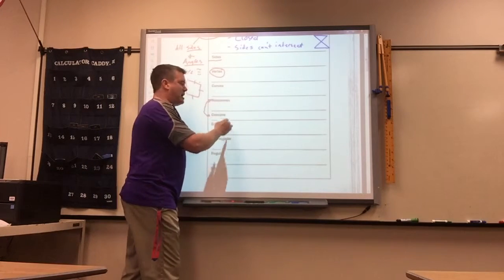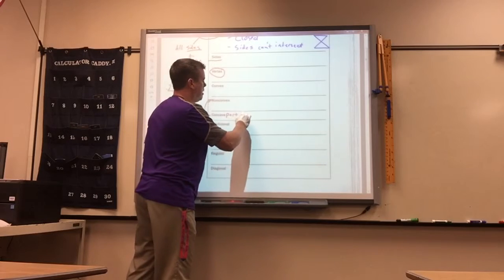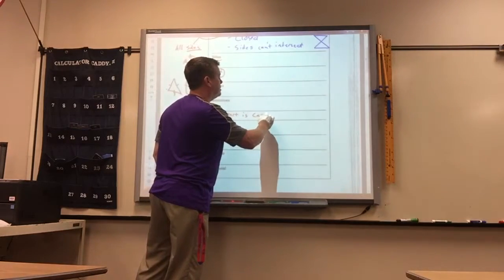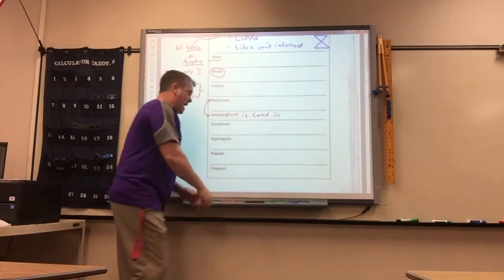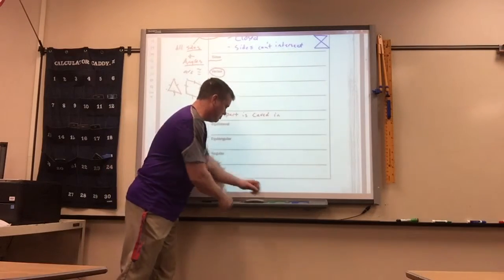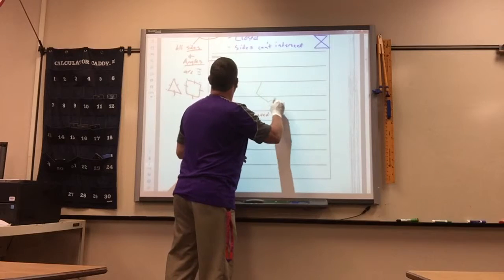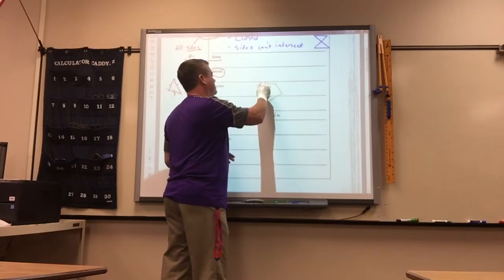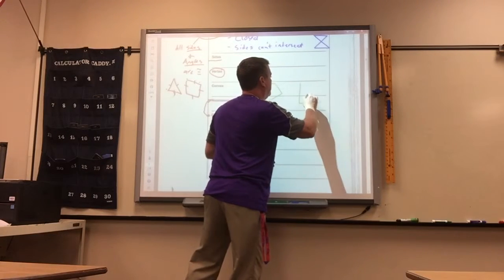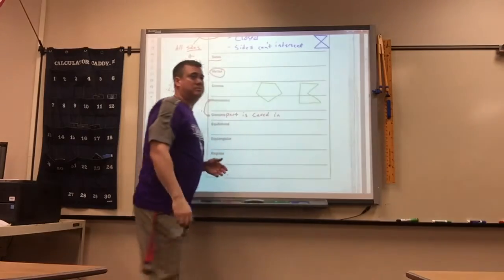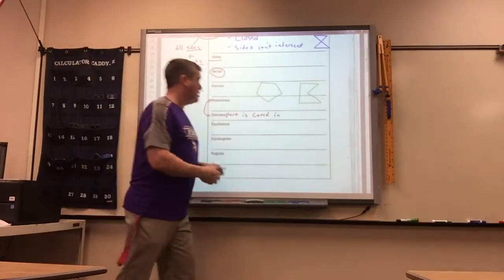Remember that part of it's caved in. The actual definition, like if we had, this one would be convex, this would be concave. They're both polygons.